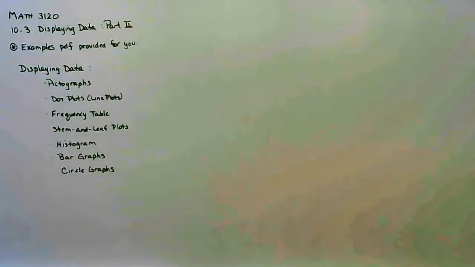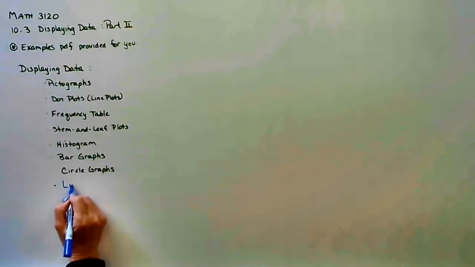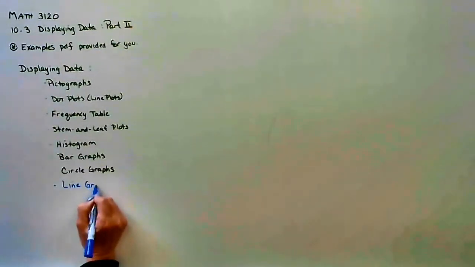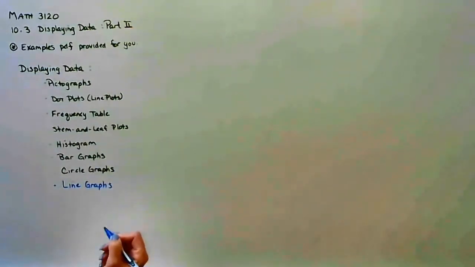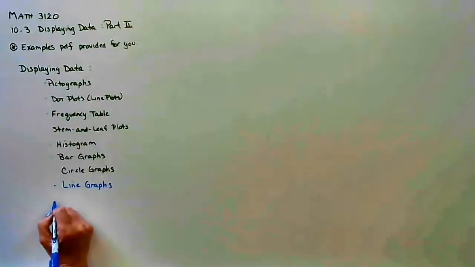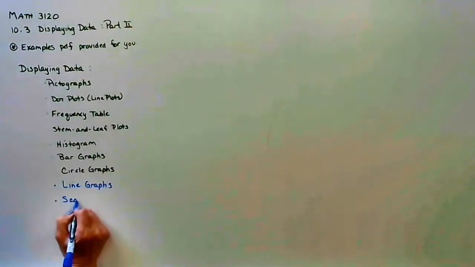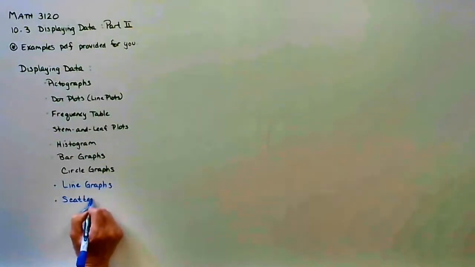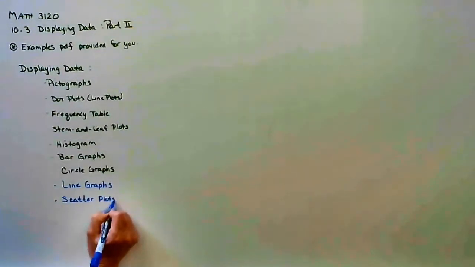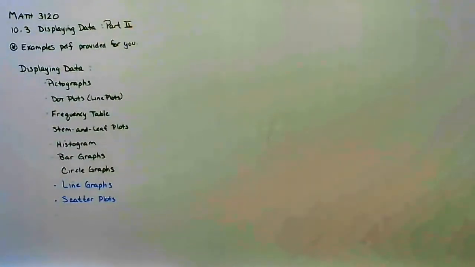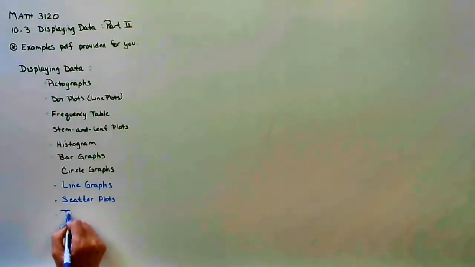So what do we have left? Well, the three that we have left that we're going to look at today in this section are line graphs, scatter plots, and then we'll finish out with trend lines, or sometimes you hear it as lines of best fit.